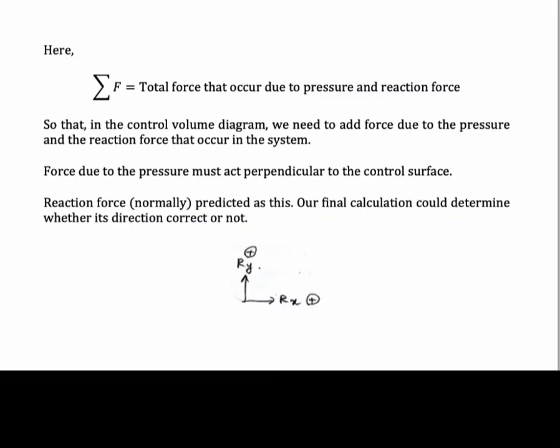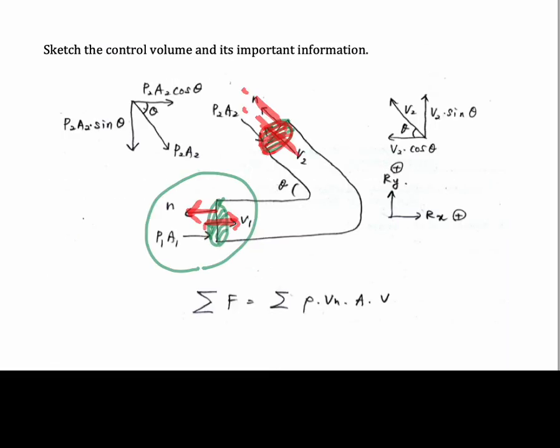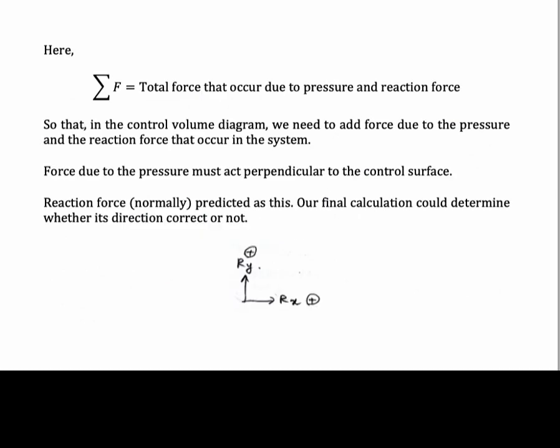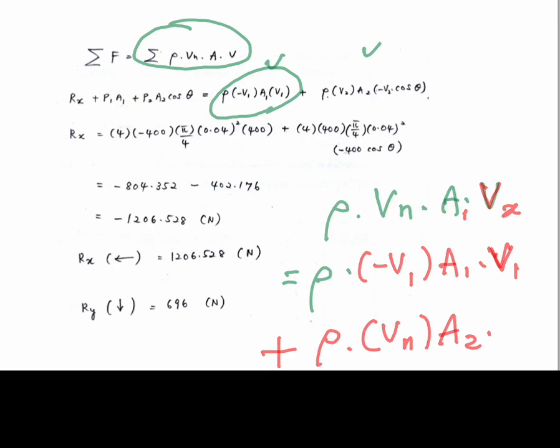So for Vx, we need to take V2 cos theta as our Vx, and it moves to the left, so it is in negative sign. So we give this equation negative V2 cos theta. So this is the very basic idea to solve or to substitute values in the momentum equation.